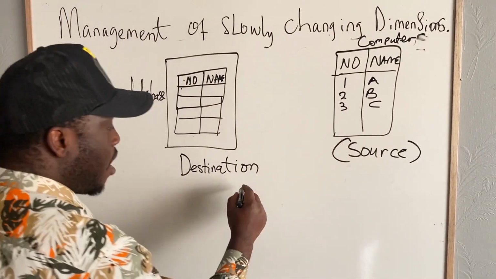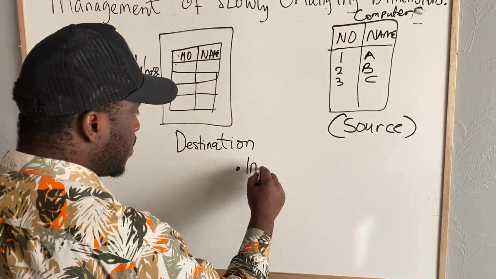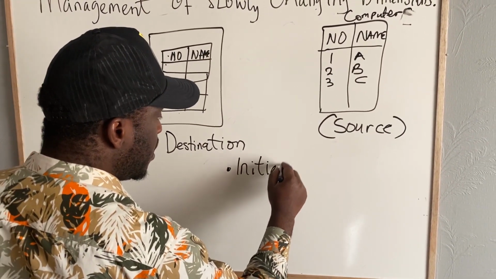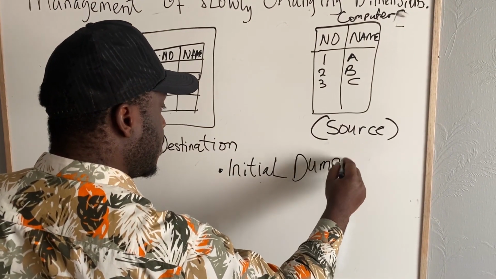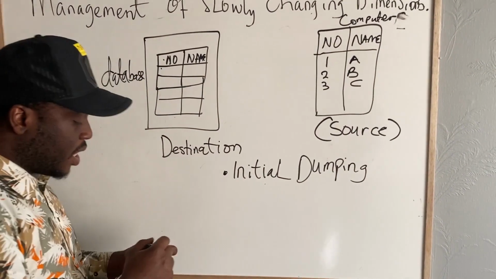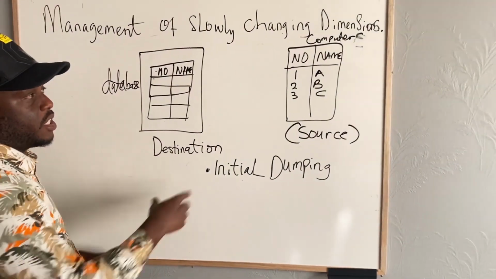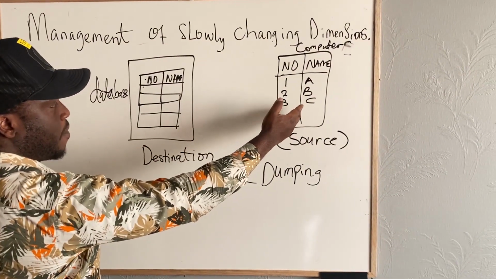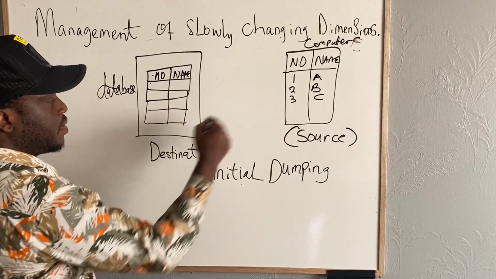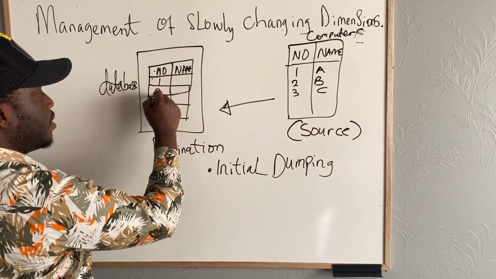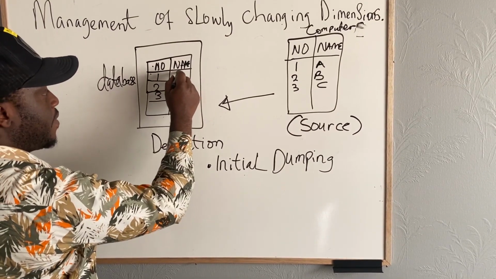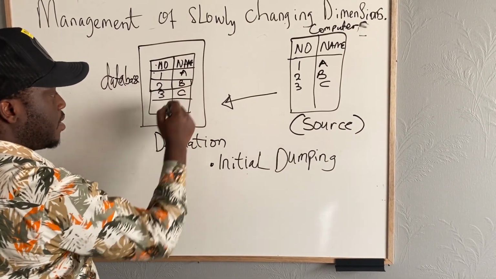That is what we call initial dumping. At the first stage, when you move this data from here to here, once I do this, I will have 1, 2, 3 and A, B, and C.